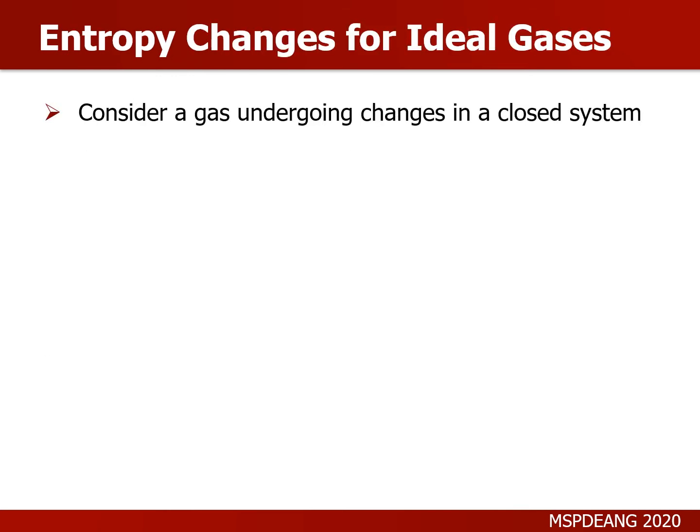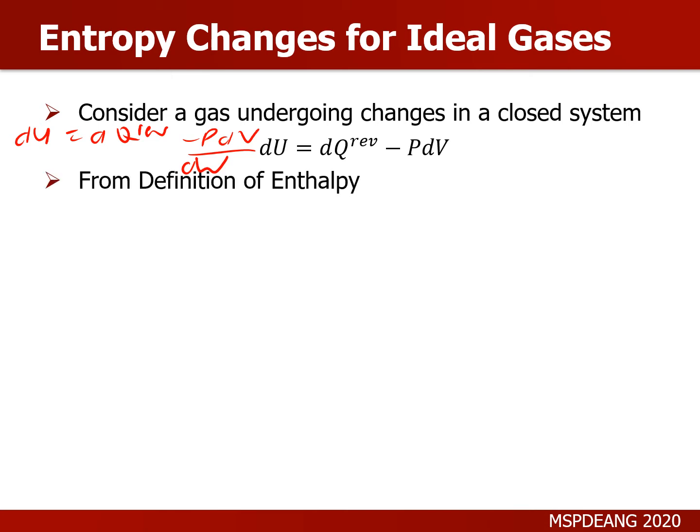Sige. Now, how do we evaluate entropy changes for ideal gases? So consider the first law of thermodynamics again. For a reversible process, dU is equal to dQ rev minus PdV. Again, PdV ito yung dW. Now, let's make some substitutions. For the definition of enthalpy, H is equal to U plus PV.